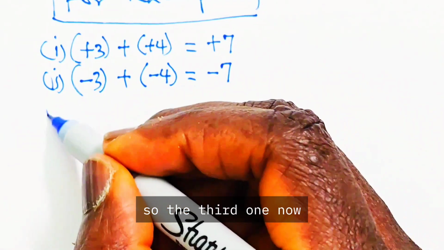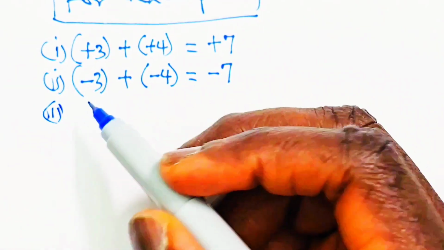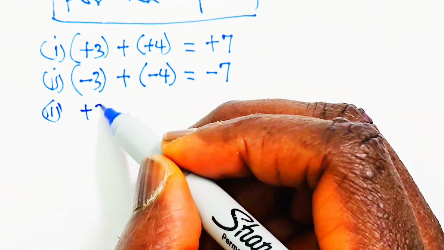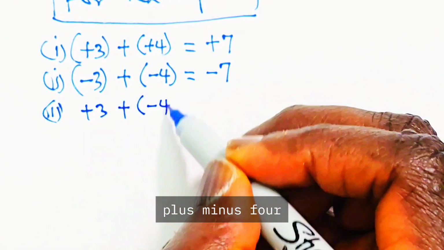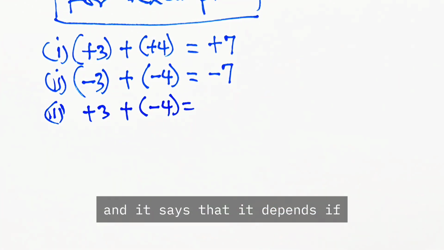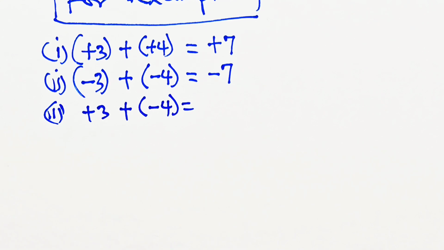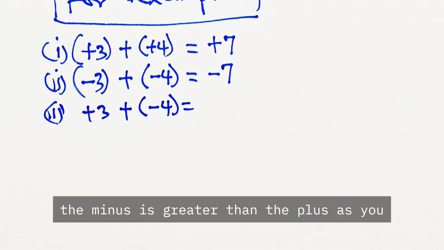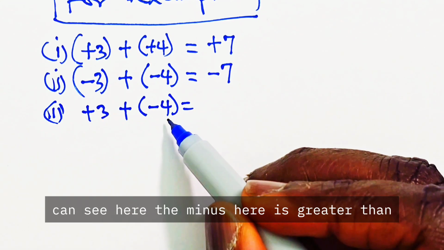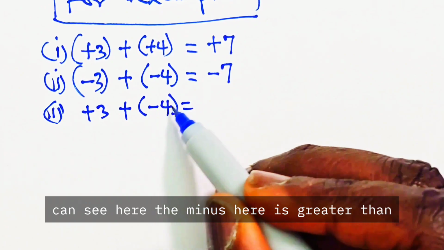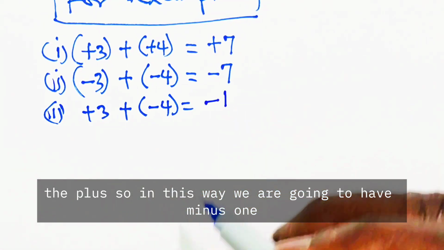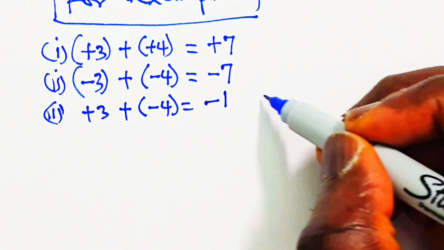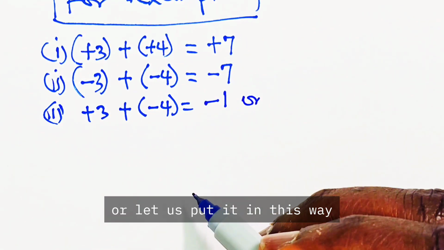So the third one now is when we have plus 3 plus minus 4, and it depends on whether the minus is greater than the plus. As you can see here, the minus is greater than the plus. So we are going to have minus 1. Or let us put it this way.